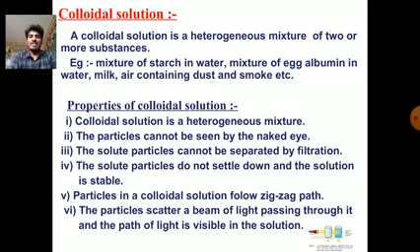The particles cannot be seen by the naked eye. The solute particles cannot be separated by filtration. The solute particles do not settle down and the solution is stable. The particles in a colloidal solution follow a zigzag path, and the particles scatter a beam of light passing through it, and the path of light is visible in the solution.